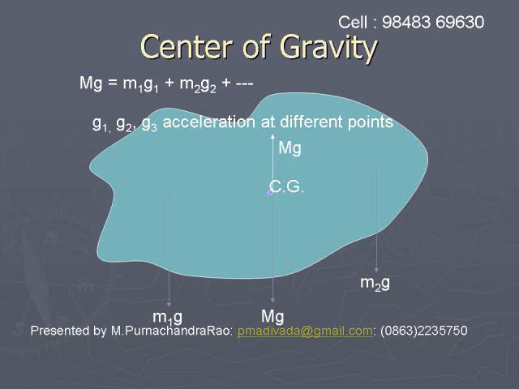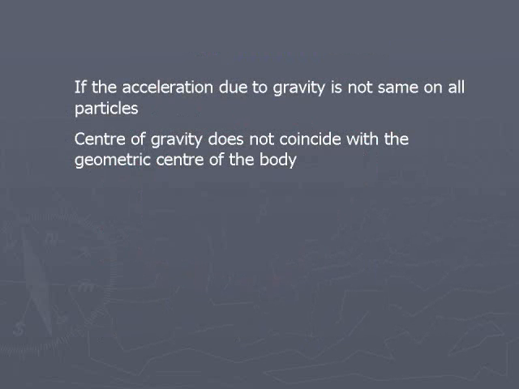So the center of gravity depends on acceleration due to gravity. If the acceleration due to gravity acting on the body is different at different positions, the center of gravity will be different from the center of gravity when all the particles are subjected to the same gravitational force.